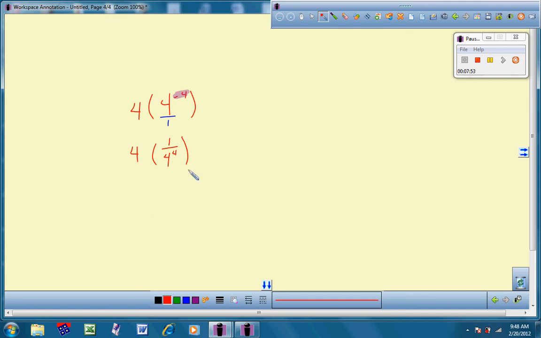Okay, quickly to review multiplying fractions, this would be 4 over 1 times 1 over 4 to the 4th. Multiply straight across, numerator and denominator. 4 times 1 is 4, and then 1 times 4 to the 4th would be 4 to the 4th.